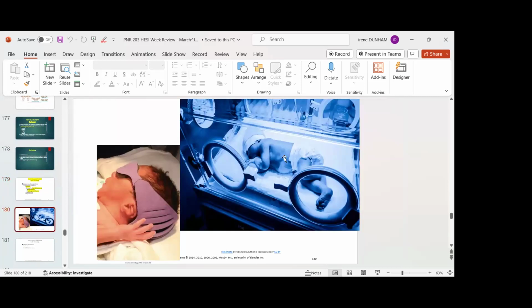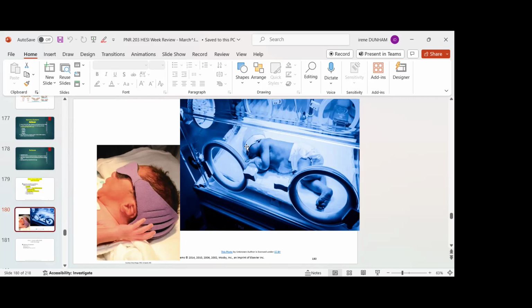Okay, so what are you going to do for these babies? They're under phototherapy. Ultraviolet lights on the baby. Baby's naked, except for maybe a little diaper to catch the feces or the urine, because that's how he gets rid of the bilirubin, through excretion. You want to have his eyes completely covered.